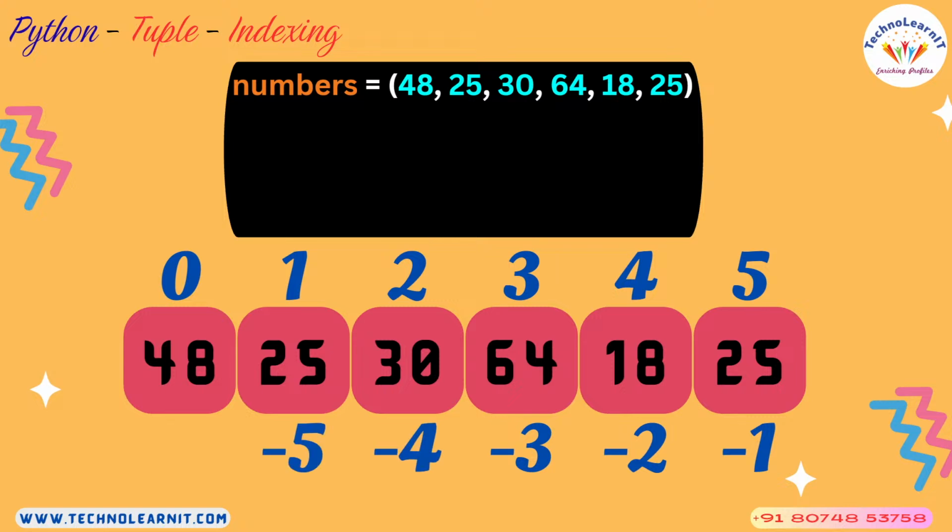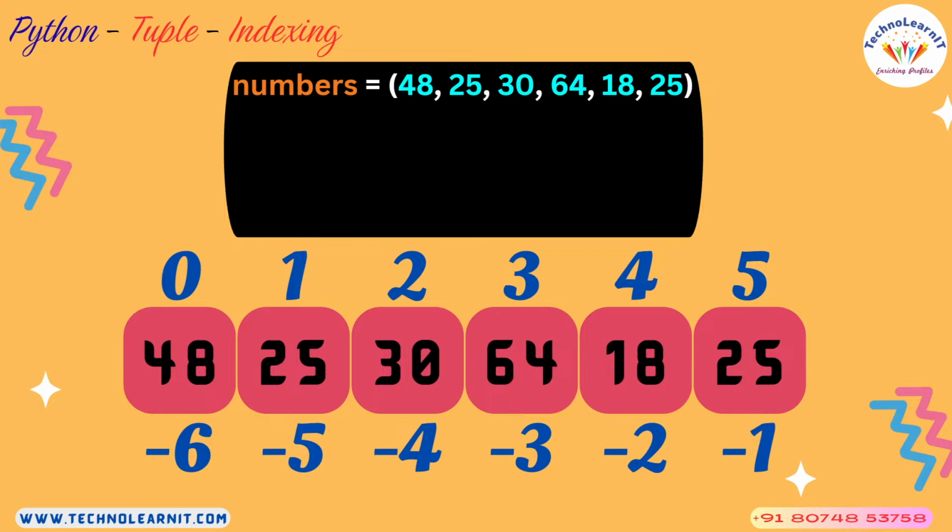Whereas positive indexing starts from the very first element on the left and keeps increasing from left to right until you reach the last element within the tuple. So Python supports both positive indices and negative indices. Make sense?